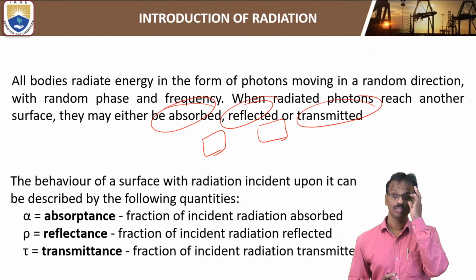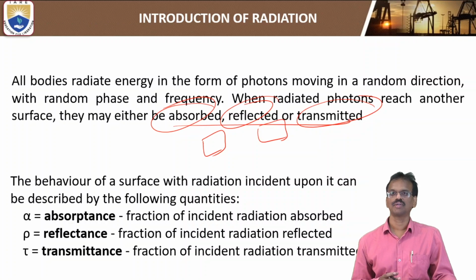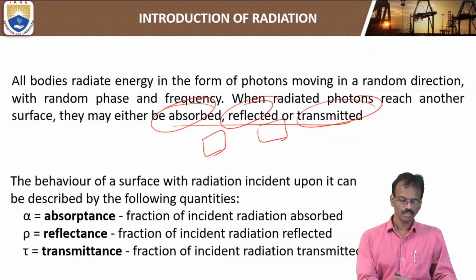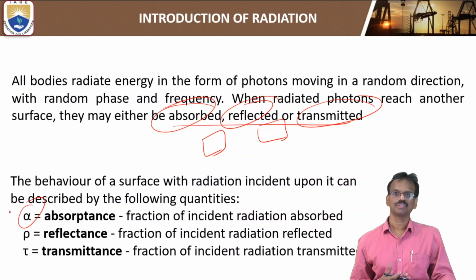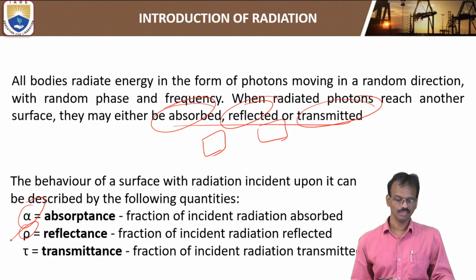These mainly depend upon the behavior of the surface of that body. Alpha represents the absorptivity, rho represents the reflectivity, and tau represents the transmissivity.